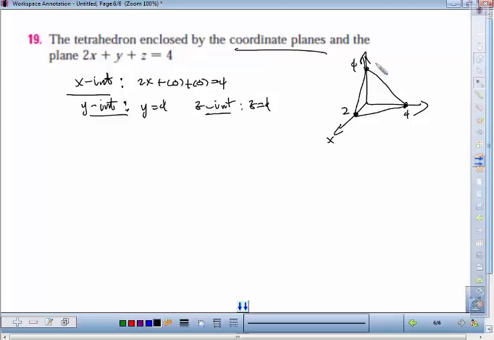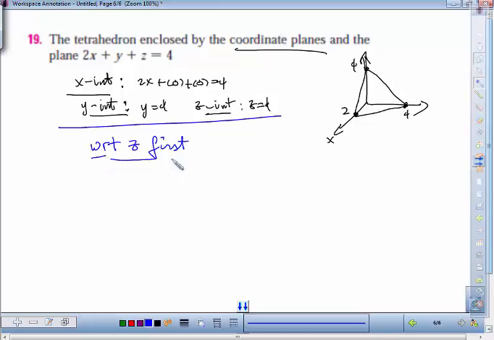Okay, so let's set up our limits. So if we integrate with respect to z first, we imagine this solid region. We want to draw a line parallel to the z-axis going through the region.